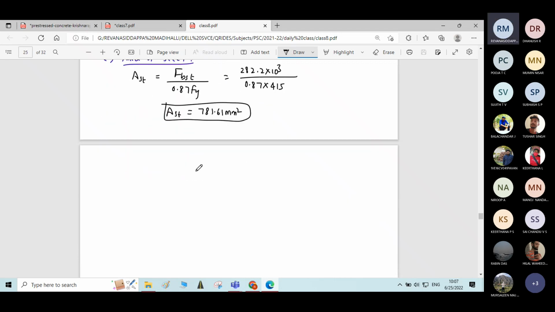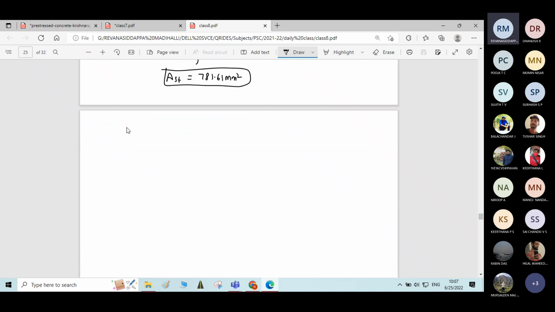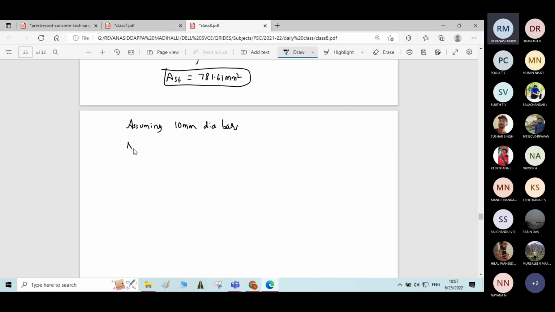Now you got the area of steel, so assume some diameter of the bars and find the number of bars. I will assume 10 mm diameter bars, because the area of steel required is more. Number of bars is equal to the total area of steel required divided by the area of one bar.